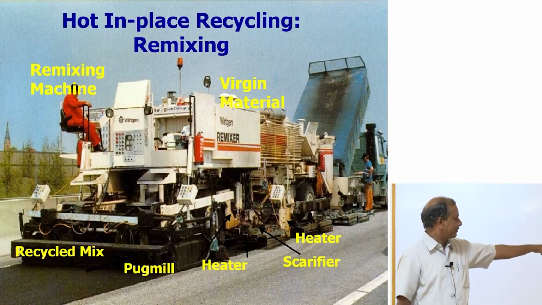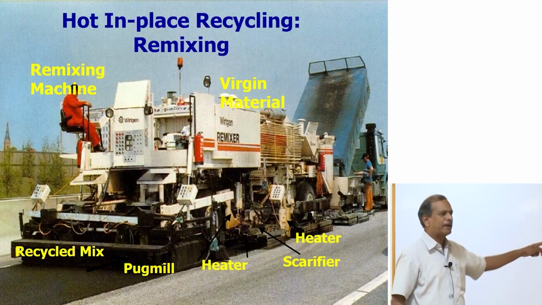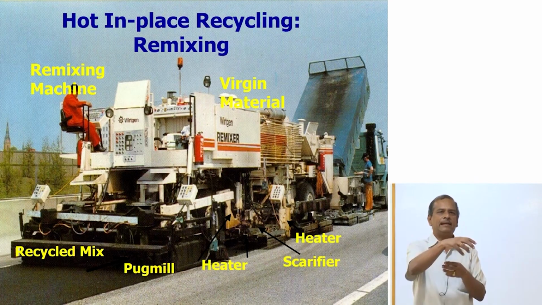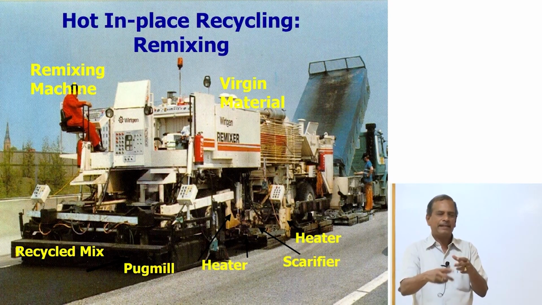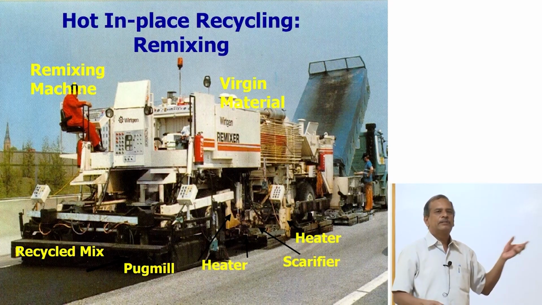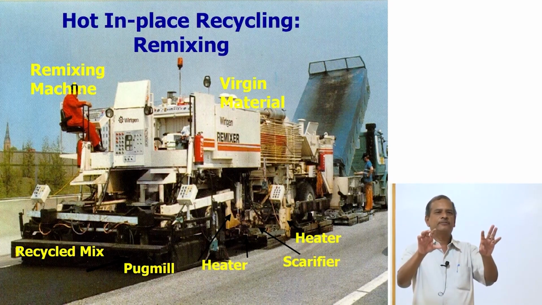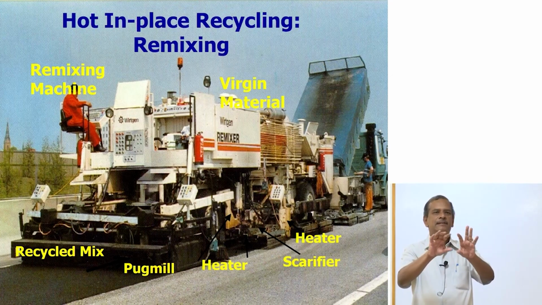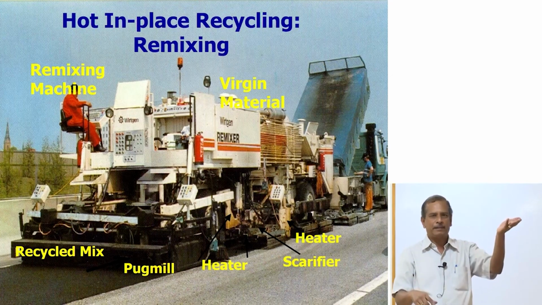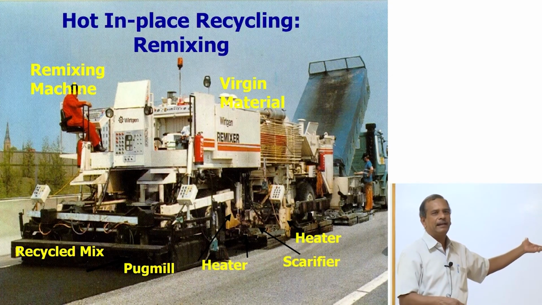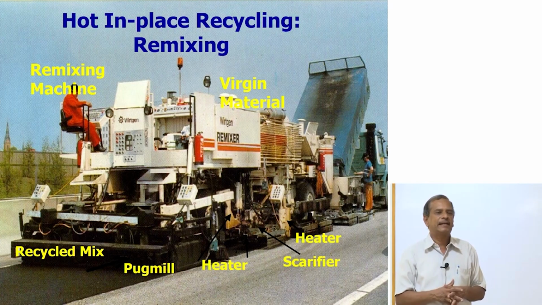Once I scarify the material, you have a pug mill where I bring in virgin material, aggregates, mix the material and lay it back. As a result, the finished road surface will be approximately similar to that of the old deteriorated pavement. I am reusing the material, so the requirement of virgin aggregate will be marginally very, very less.